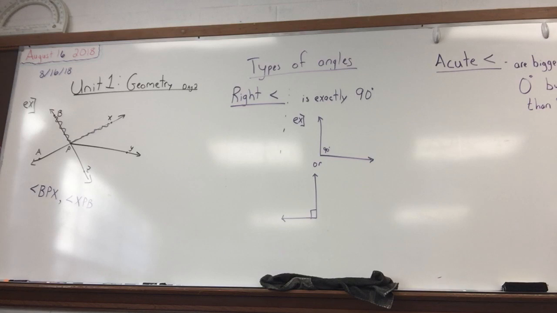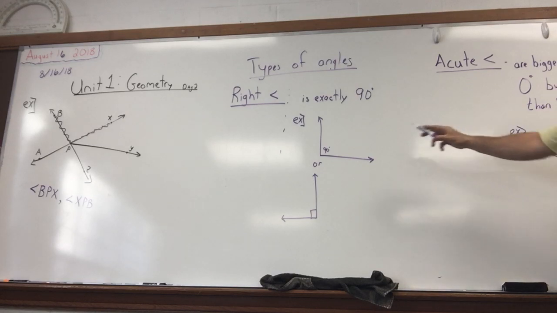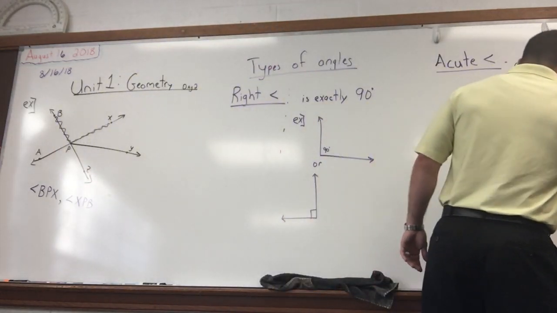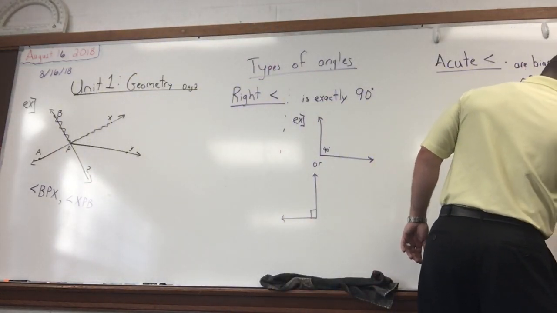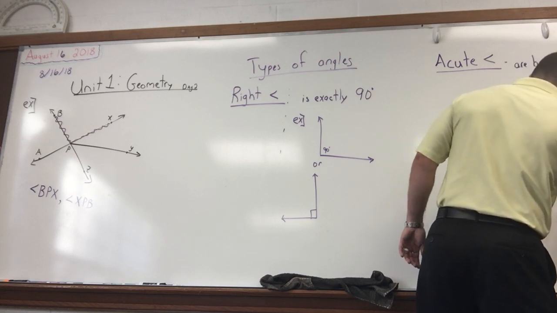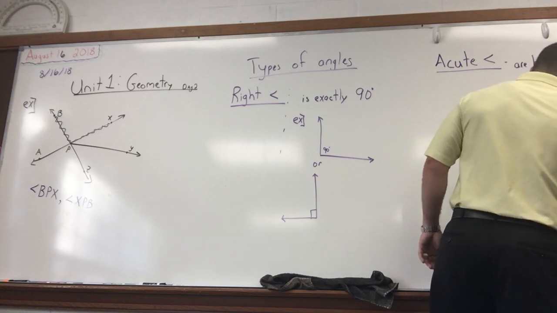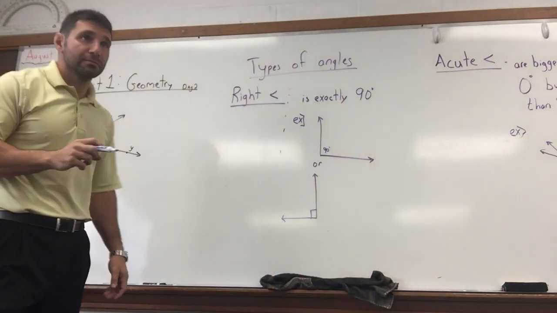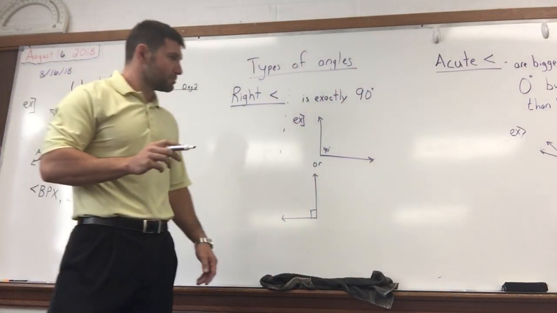Okay? So examples. If I asked you to draw an acute angle, it's going to be small. Is that smaller than 90 degrees? Yes. How about this one? Still smaller than 90 degrees, right? Yes.